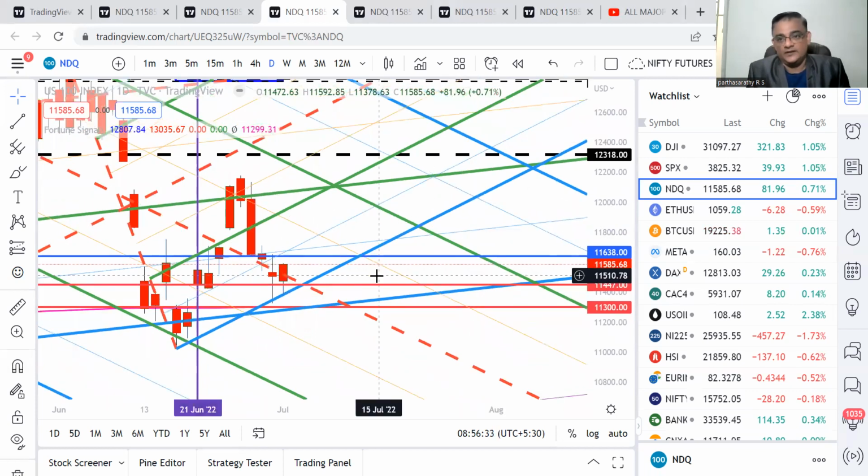Apart from that, it is holding the 21st June low. But if you ask me whether there will be a bullish reversal going to an all-time high in Nasdaq, that is not possible.